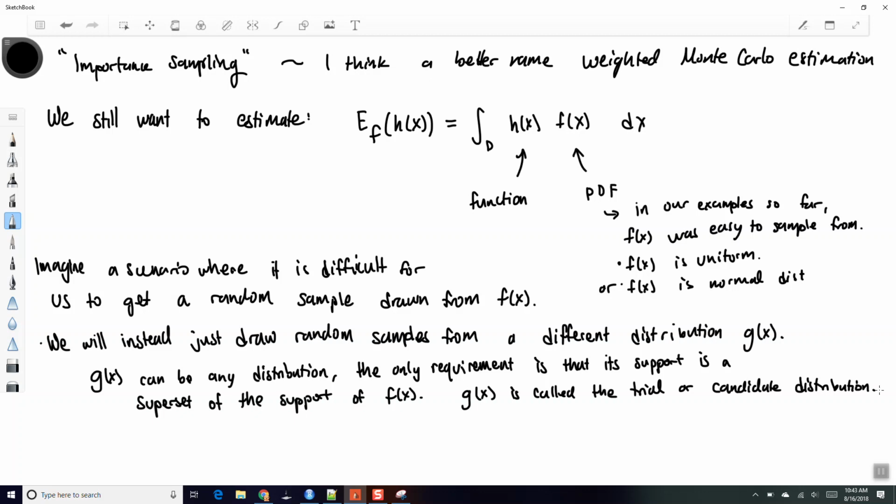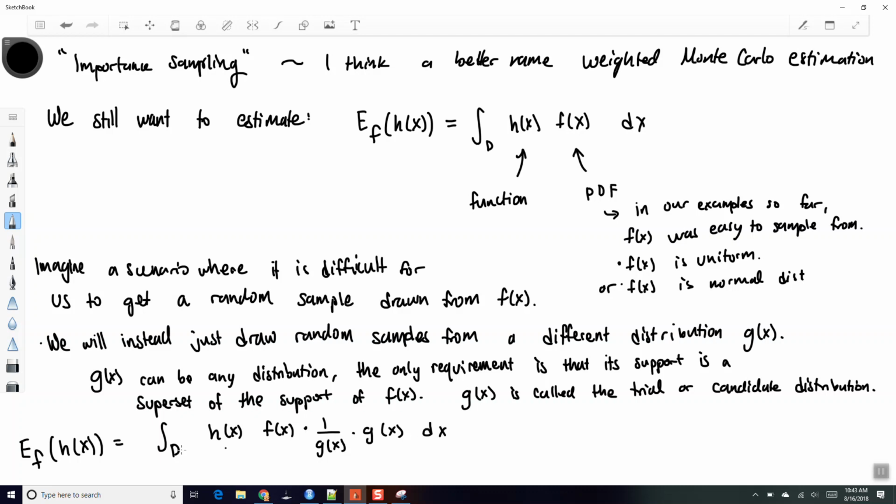And so what we have now is the expected value of h of x is, I'm going to just rewrite this, h of x times f of x dx, but what I'm going to do is multiply by 1 over g of x times g of x.